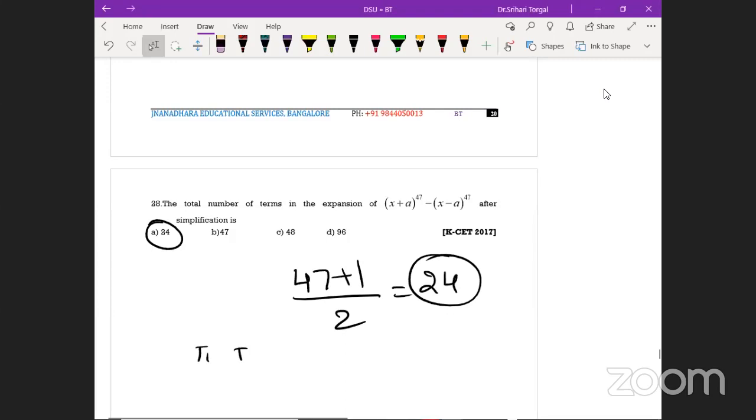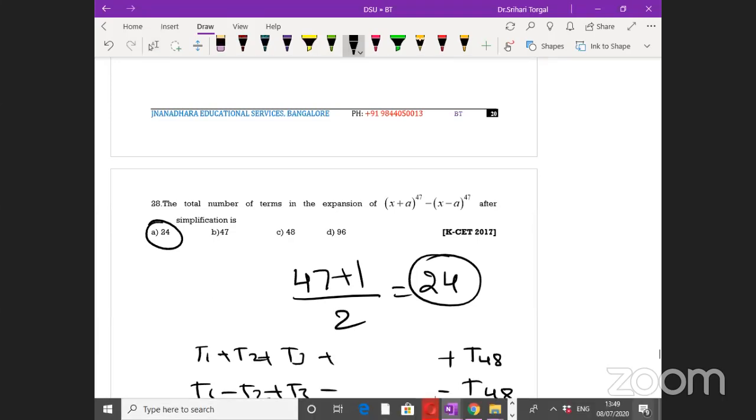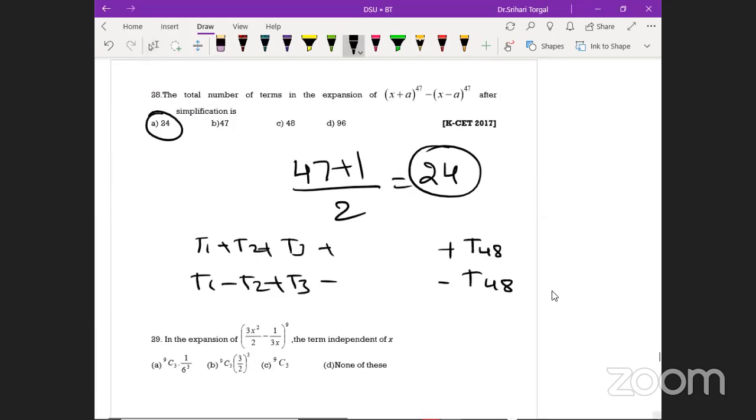See here, T1, T2, T3, you will get up to T48 terms, right? Yes, sir. T1, T2, T3, up to T48, 48 is there. You will get all are positive here. Okay, sir. And you will get minus here, plus, minus, plus, minus, plus, minus. And when you are subtracting this, you have to change the sign.